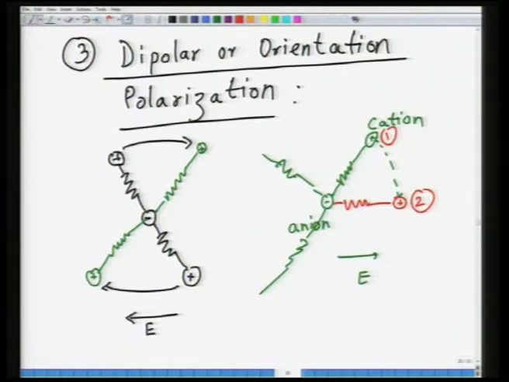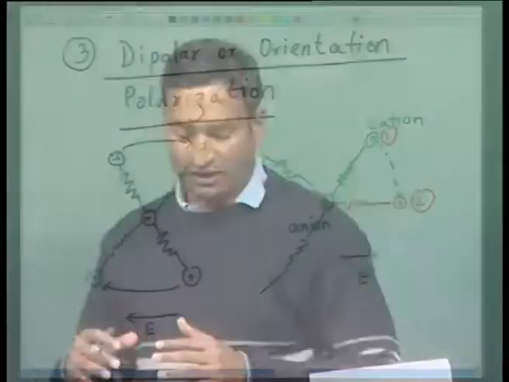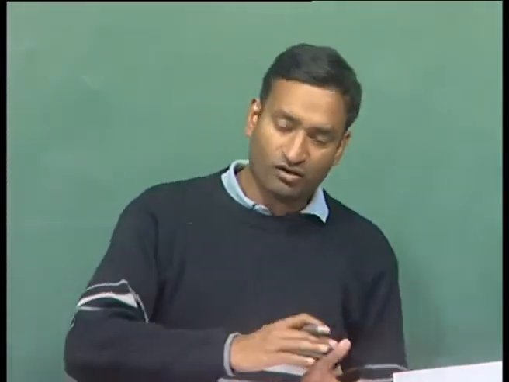So, basically what these two pictures illustrate, rather than looking at the distinction between the first two and this one, is that here there is movement of molecules or molecular groups, and this involves a lot more energy as compared to the previous two cases, because there you are only looking at slight movement in x or y direction or along the axis in one particular direction.